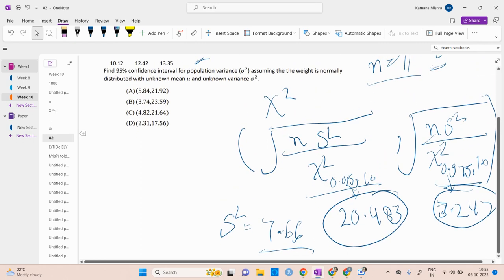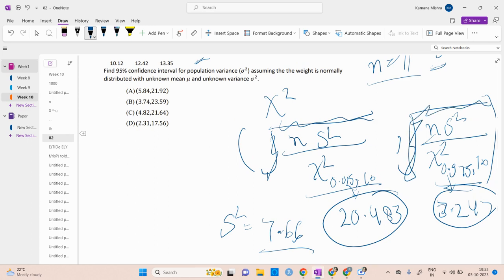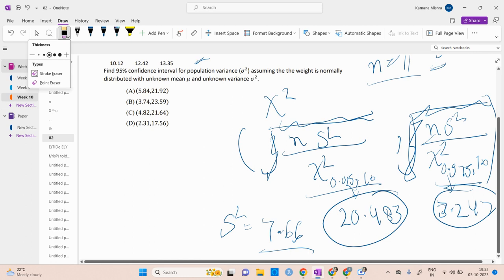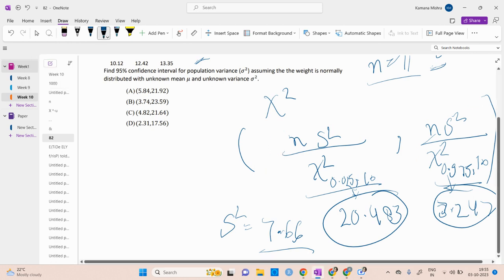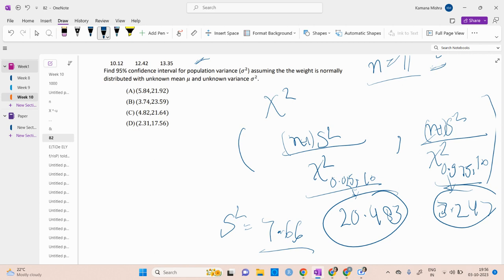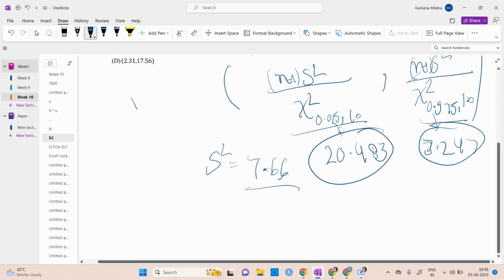Okay, so this one will not come here. This is n minus one, n minus one. So this is the thing I have written, this one is for the standard deviation. For variance, this will be the thing.